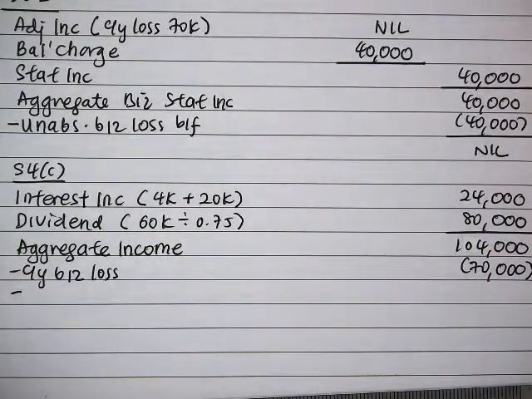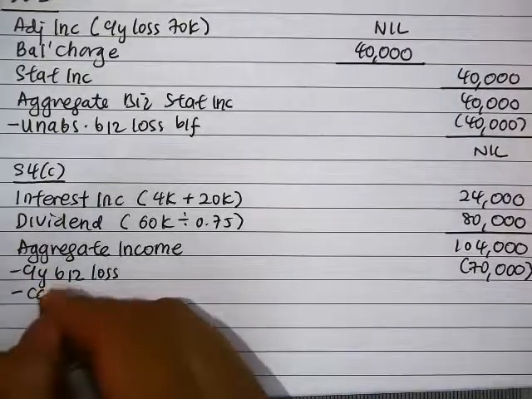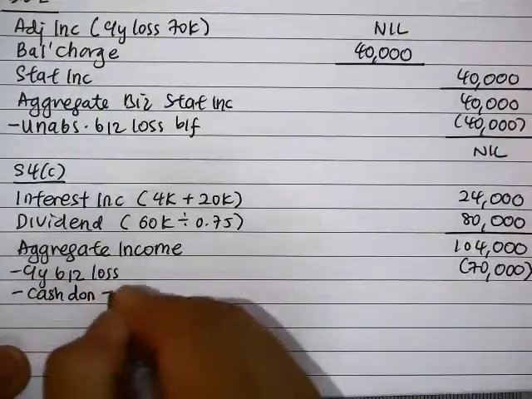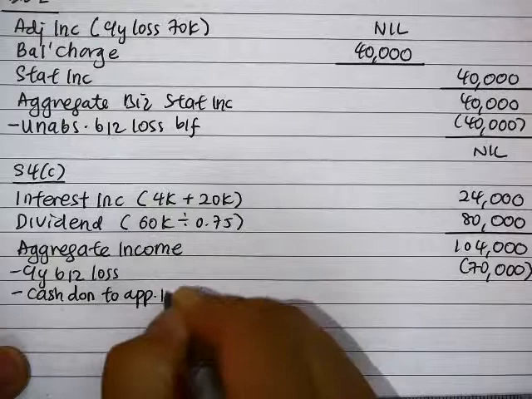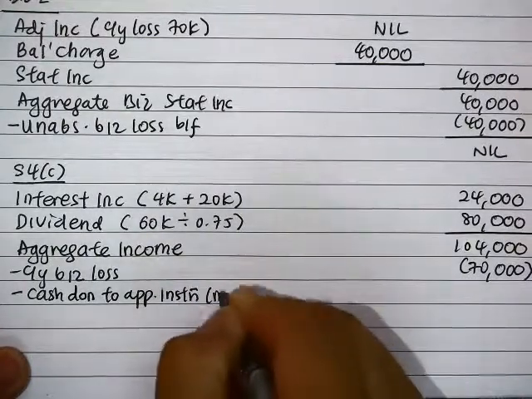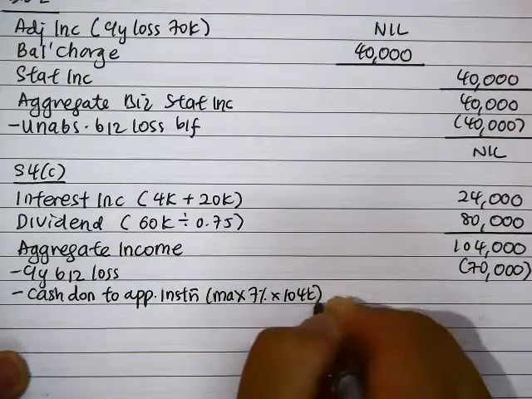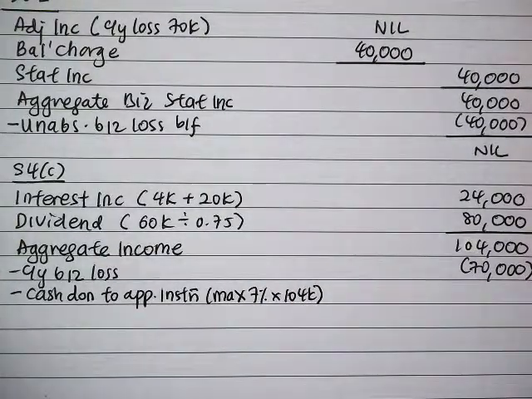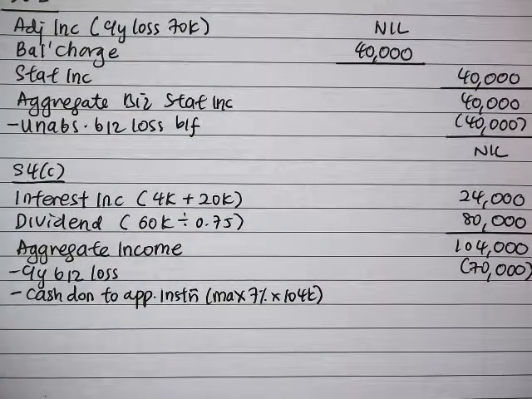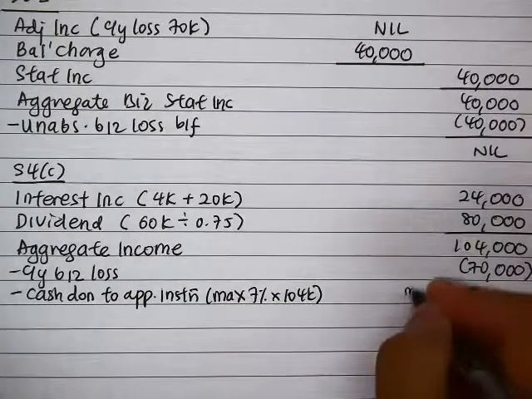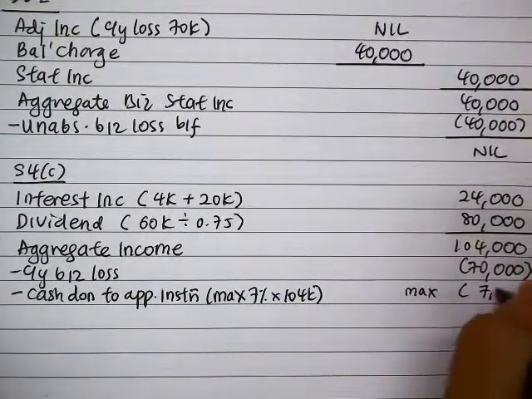Okay. The donation wise, the cash donation to approved institution. Now maximum 7% of 104, which means you can only get 7,280.